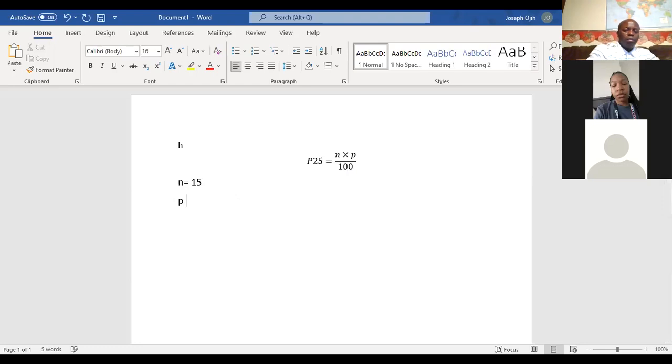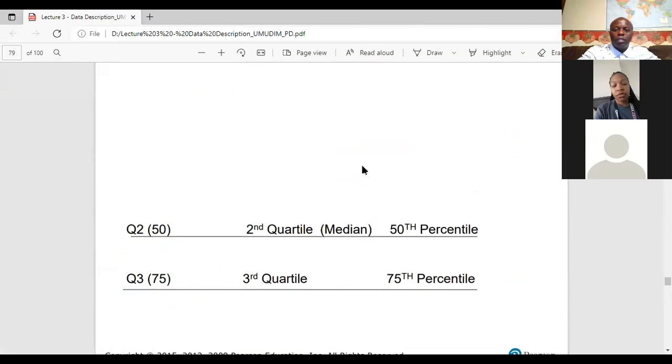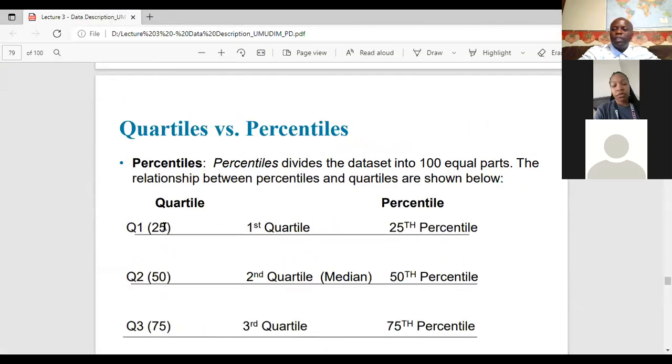For Q1, that's the first quarter, we use 25 for P. Why do I use 25? Because when I was introducing it, I showed you that for Q1 it is 25. That's why we use P as 25.